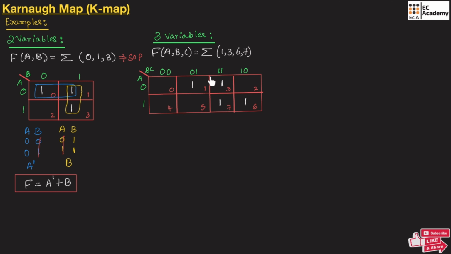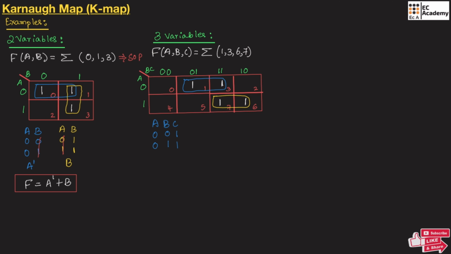Now we can group these two 1s and these two 1s. Corresponding to the blue group, for A it is 0, B it is 0 and for C it is 1, so 0, 0, 1. For the next value, 0, 1, 1.